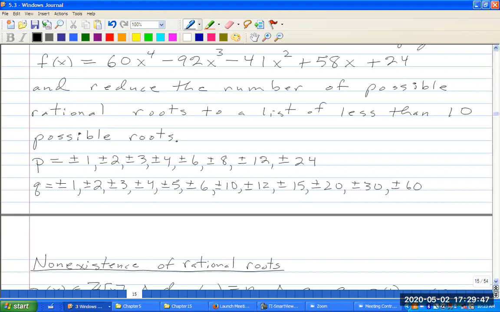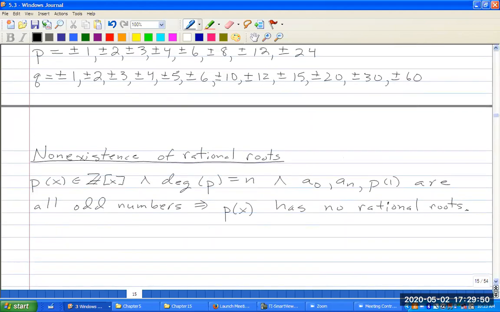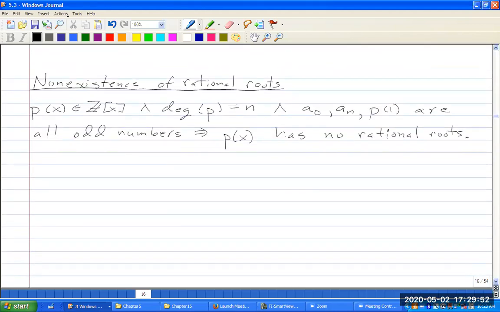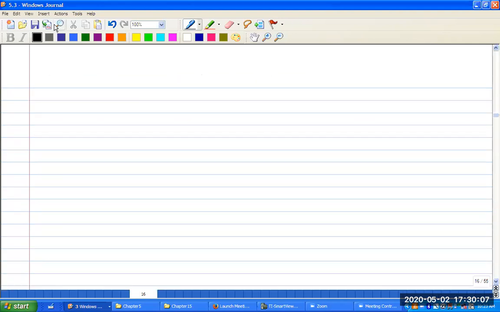Okay, so now let's get a page. Okay, good, new page. So let's list all the possible rational roots. So let's do P over Q. And there'll be a few of them.